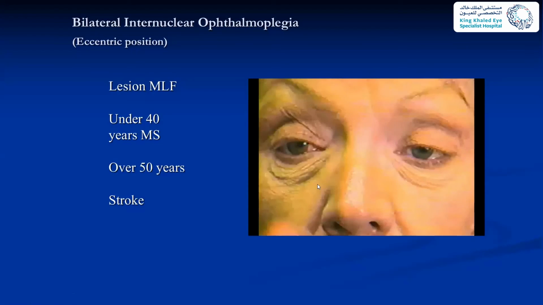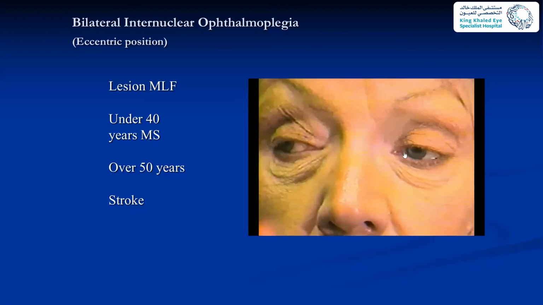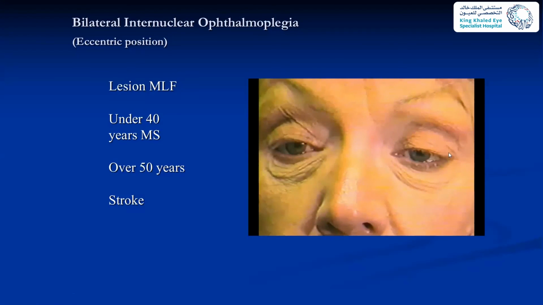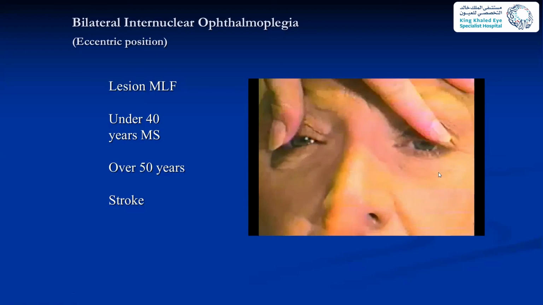Okay, look again. And when she is looking to the right, this eye cannot go to the end. So in this eye, there is lack of adduction. While when she looked to the left side, there is lag. Lag, that means this eye follows the left eye, does not go at the same time.